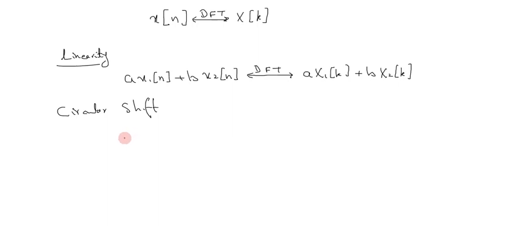The circular shift property states that if you have a signal x of n and you circularly shift it by an amount n naught, then your discrete Fourier transform will be multiplied by W_N raised to the power k n naught, and n naught is the same as given in the time domain.